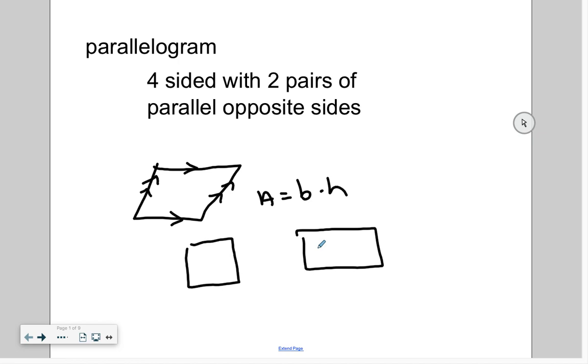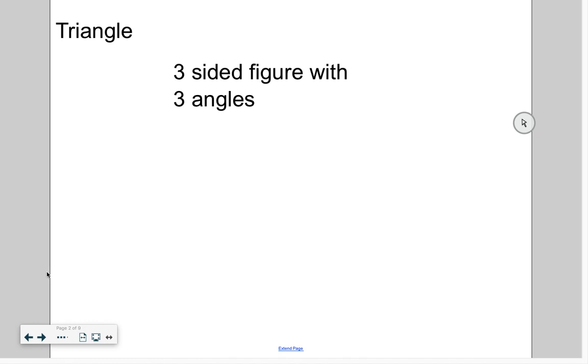Moving on. The second one that we talked about was a triangle, which is a three-sided figure with three angles. There's two different ways that I can write the formula to find the area of a triangle. And I'm going to give them to you both. They mean the same thing, so use whichever you're more comfortable with.